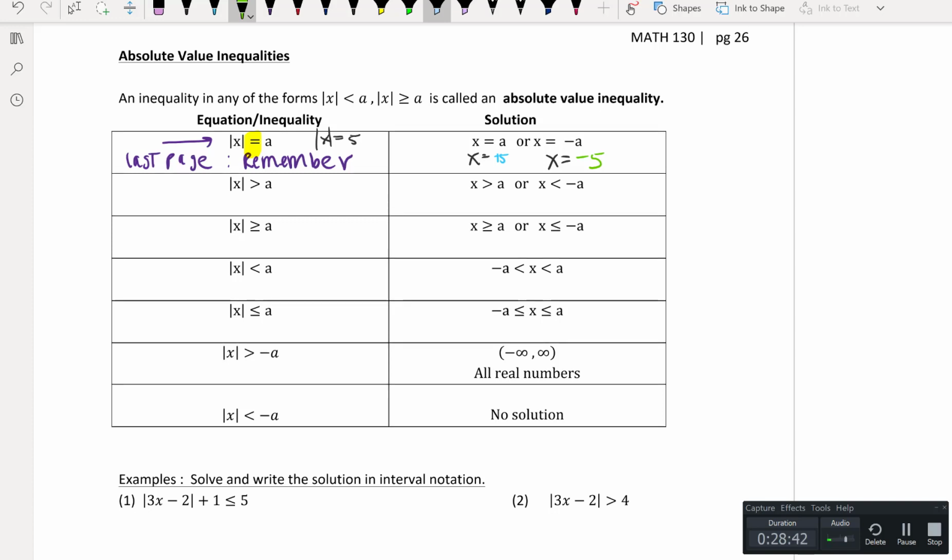That's where it's being squeezed in between both the values. And of course, your kind of weird exceptions: if you have the absolute value is greater than a negative number, remember distance can't be negative. Well, if it's greater than, you're going to say all real numbers. But for that last one, if the absolute value of x is less than a negative value, then we are going to say that it's no solution, because distance can't be negative.